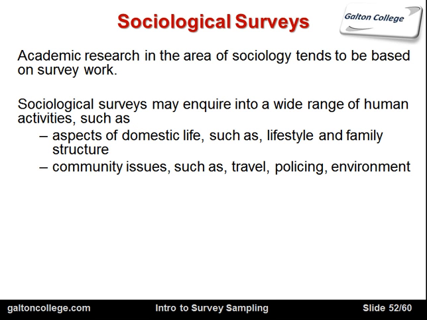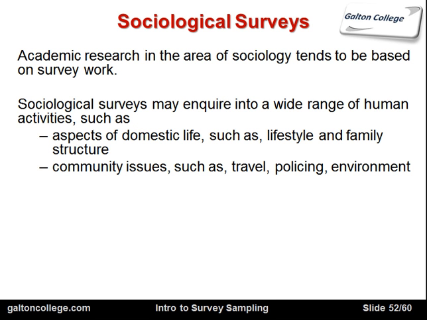There are lots of sociological surveys. Academic research in the area of sociology tends to be based on survey work. Sociological surveys may inquire into a wide range of human activities, such as aspects of domestic life, like lifestyle and family structure, or look into community issues such as travel, policing, the environment, many areas.